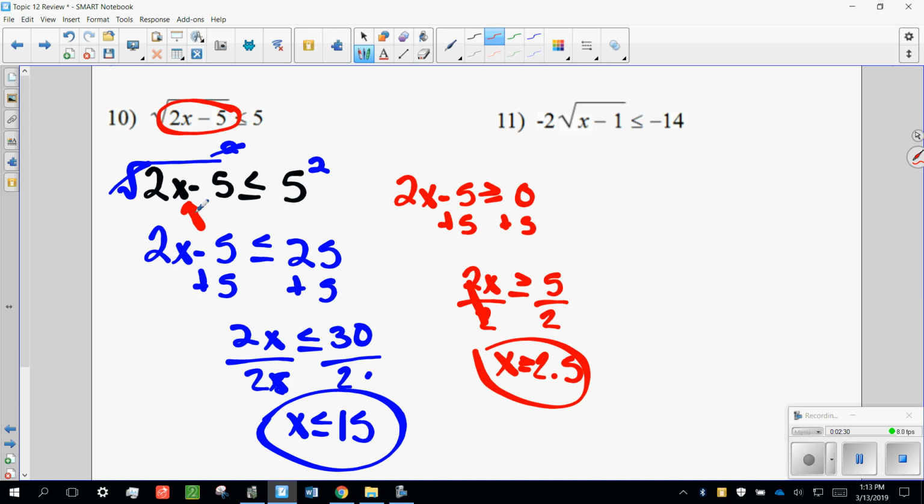Then we're trying to compare an imaginary number to a real number: 5 is greater than or equal to the square root of 5i, and that doesn't make any sense. So this other restriction says yes, less than 15, but it also has to be greater than or equal to 2.5. We can't let x get less than 2.5, because then we have negative numbers under the root.